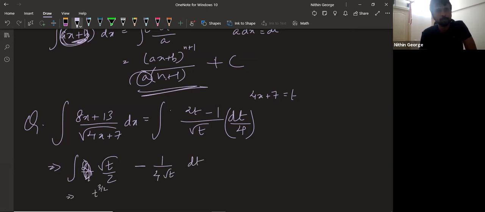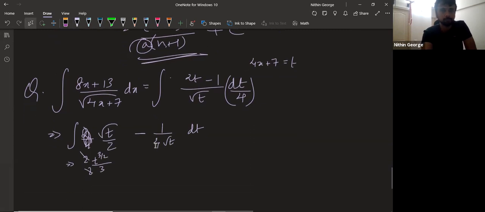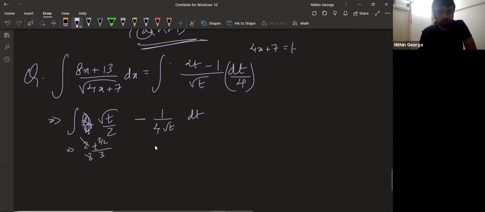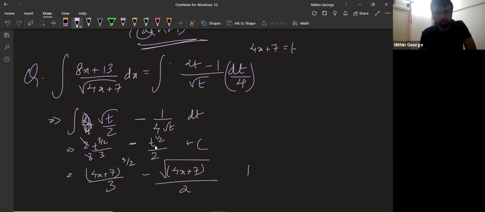One is t power 3 by 2 divided by 3 by 2, minus t power 1 by 2 divided by 1 by 2, and 2 and 4 will cancel out to give 2, plus c. So this simply becomes (4x plus 7) raised to 3 by 2 by 3 minus (4x plus 7) raised to 1 by 2 by 2 plus c.